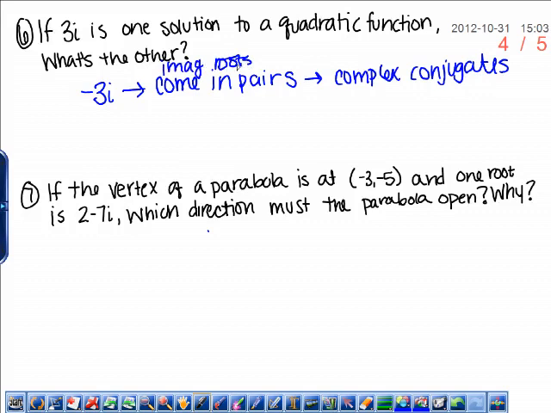Okay? All right, so if I told you that 5 plus 2i was one root, what's the other root? Good. If I told you that 7i minus 3 is one root, okay, let's think about it.